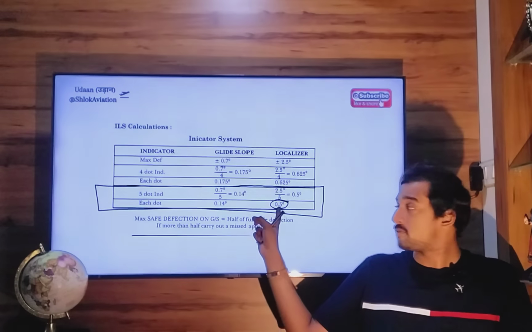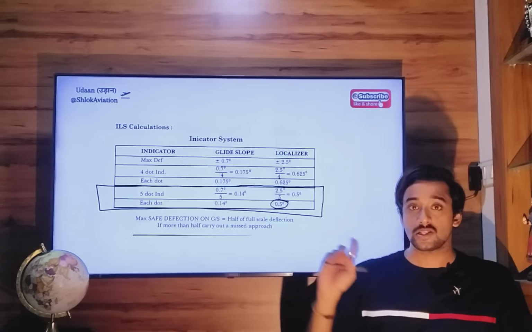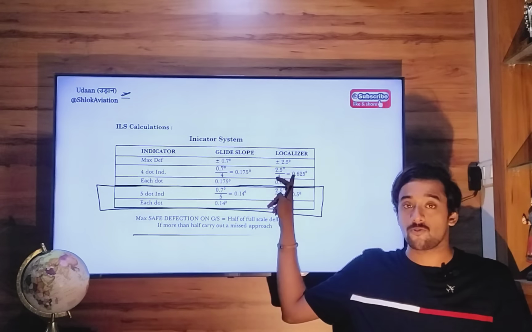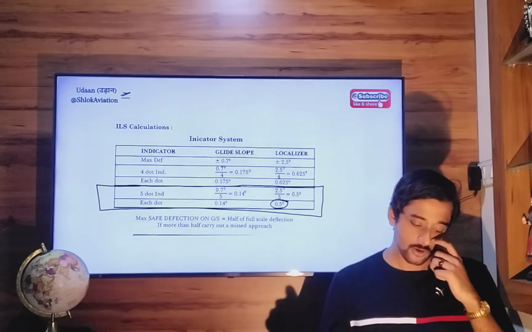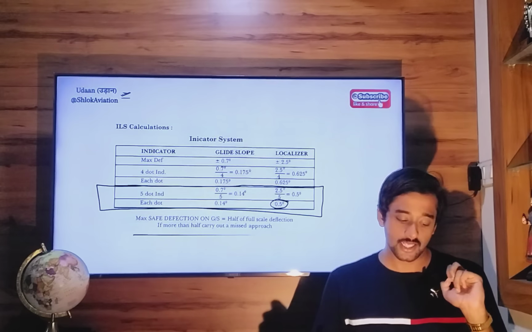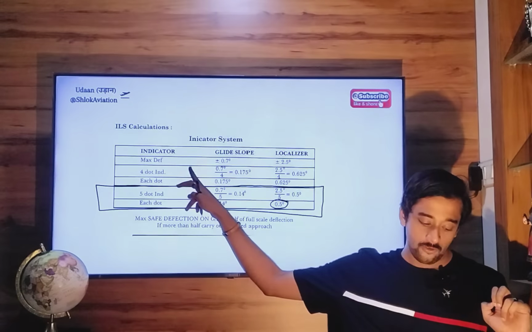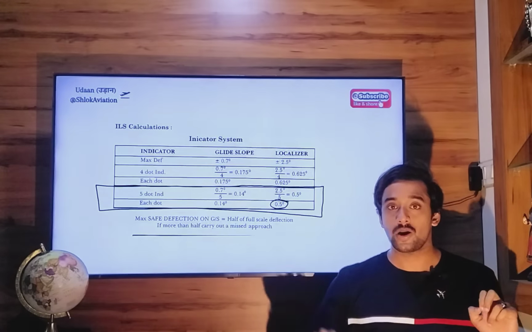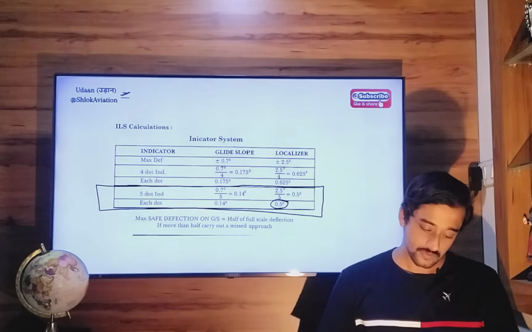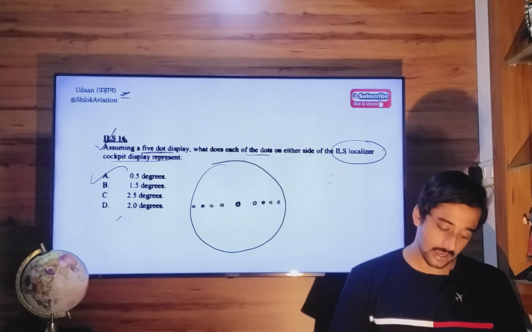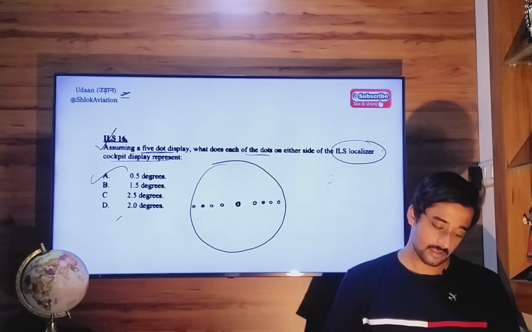If it's a 4 dot indicator, every dot will be equal to 0.625 degree. Similarly, you will have to remember the values for glide slope. 5 dot, each dot 0.14; 4 dot, each dot equals 0.175. Okay, so the correct answer is 0.5 degrees, option Alpha.